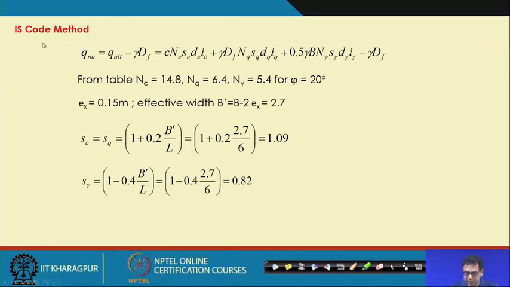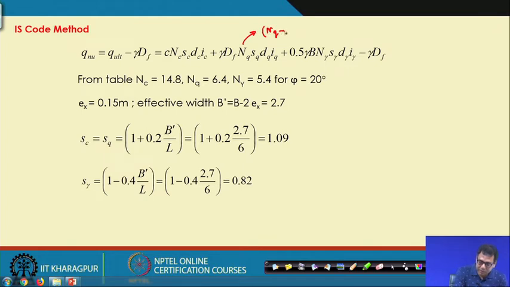In the IS code method, we have to use it as per the IS code. Here also I have used the actual dimension by the actual equation, but the IS code method suggests that here also, because this is Nq, this term is actually Nq minus 1.